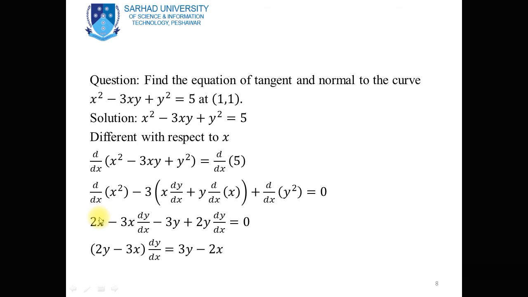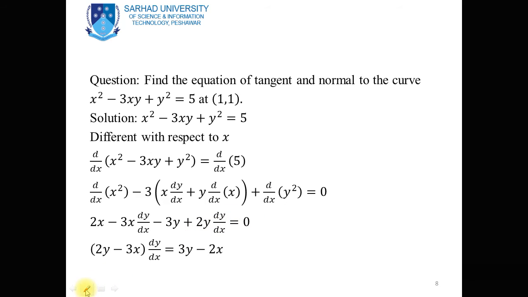Now 2x minus 3 times x dy by dx as it is, minus 3 and y multiplied gives minus 3y, and the derivative of x is 1. So minus 3y as it is, and the derivative of y square using the chain rule is 2y, and further the derivative of the base, dy by dx, is equal to 0.